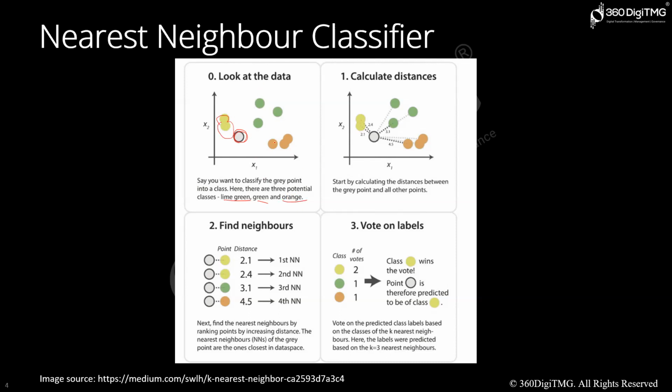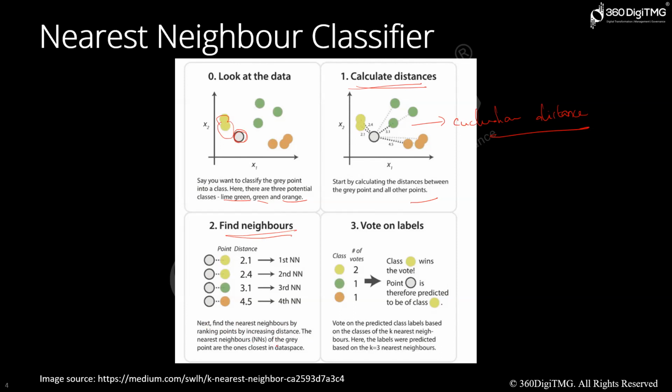And next, after looking at the data, we calculate distances using Euclidean distance. We start by calculating the distances between the gray point and all other points. Next, find the nearest neighbors by ranking points by increasing distance.